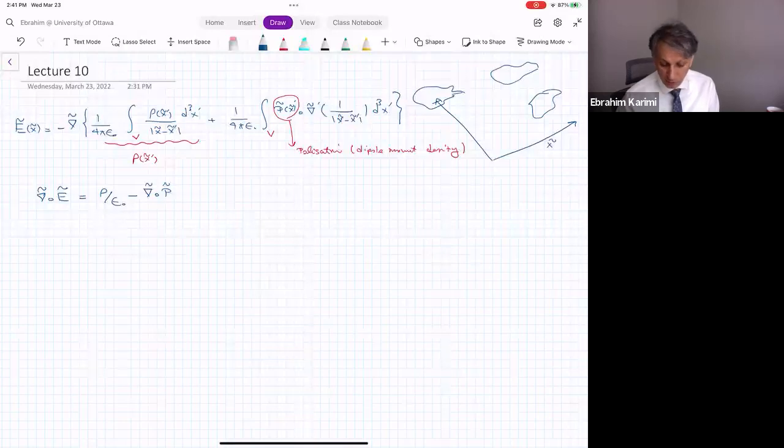However, for the second term you also have to do an integration by parts, which means you have to bring it to the surface and then solve the expression.